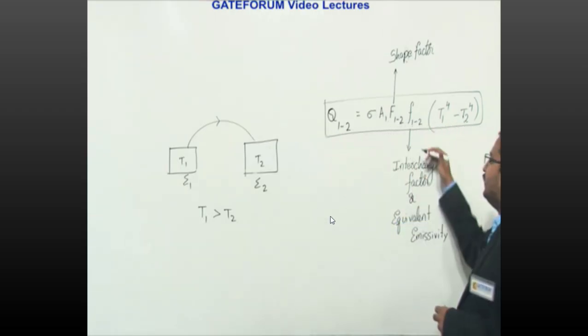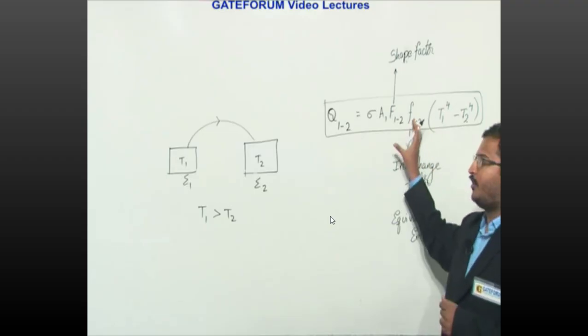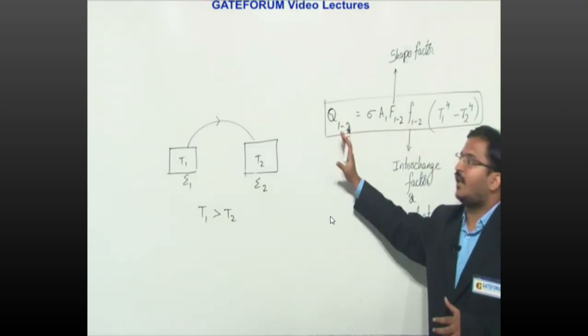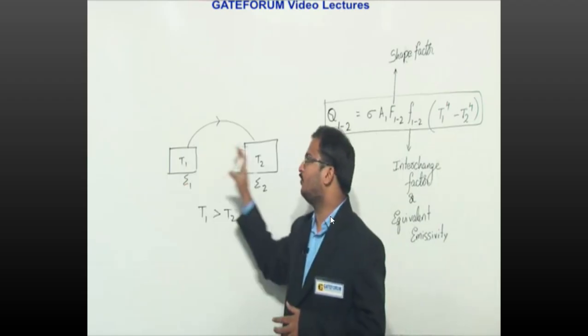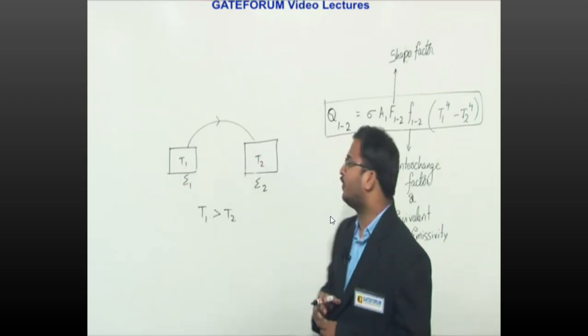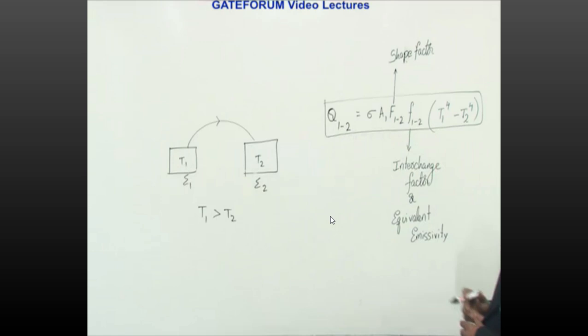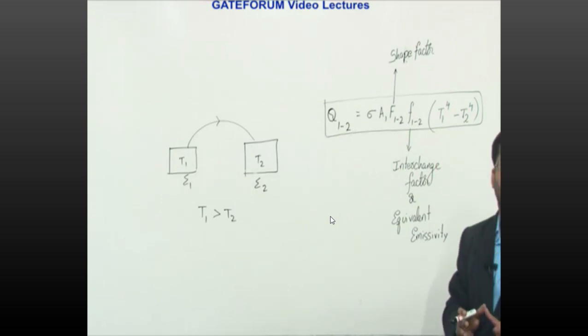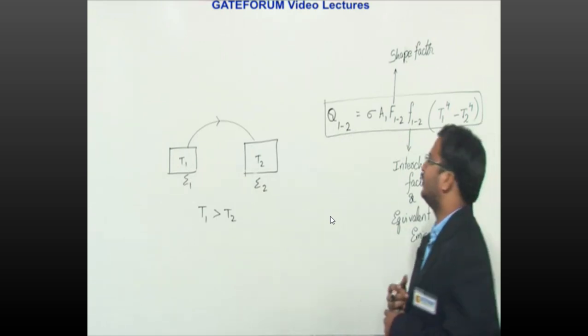So these two play a very important role in determining the heat transfer from one surface to another surface. This formula we should remember while calculating heat transfer in case of radiation.